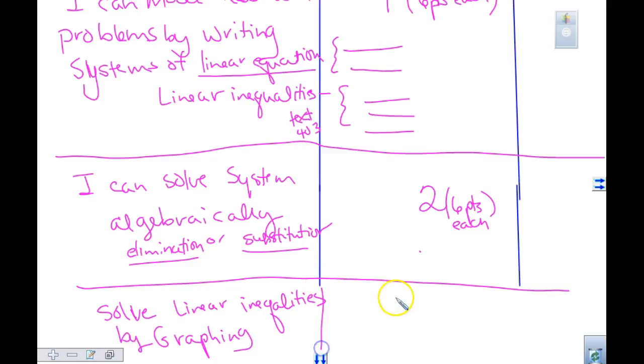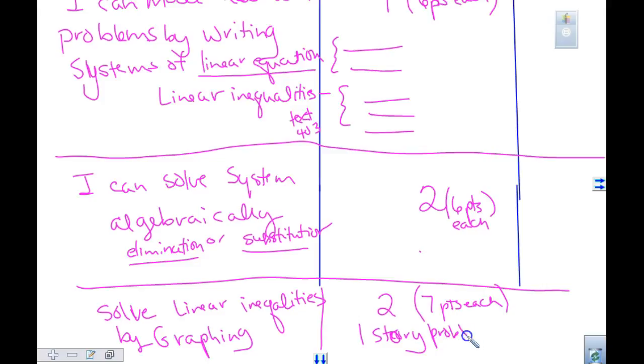There are 2 of them, worth 7 points each. One is a story problem, the real world. So one is our story problem.